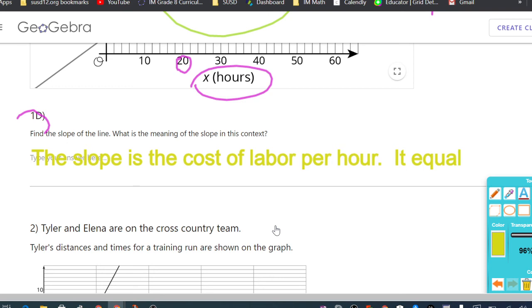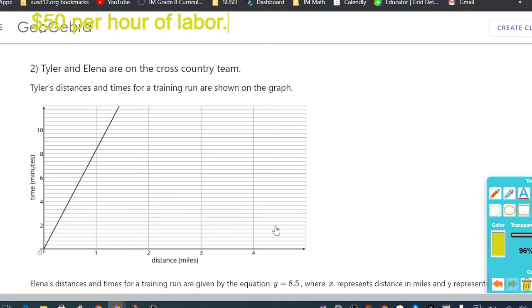It equals $50 per, oops, I wrote 50%. That's a big mistake. There we go. $50 per hour of labor. Okay, good job, guys. Let's go on to the next problem.